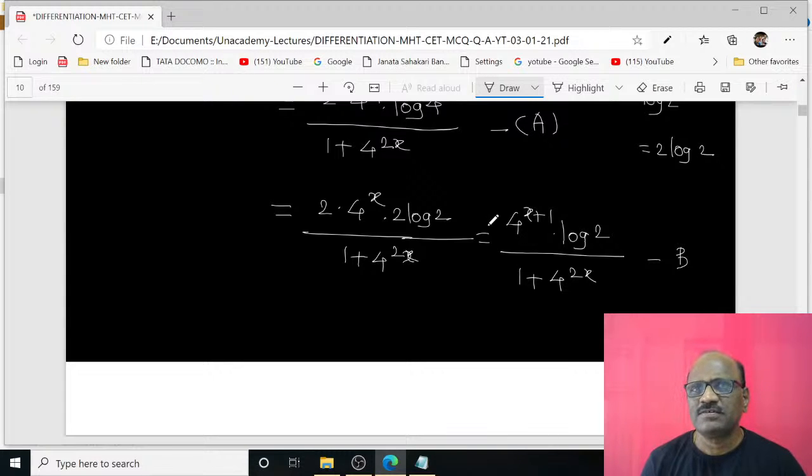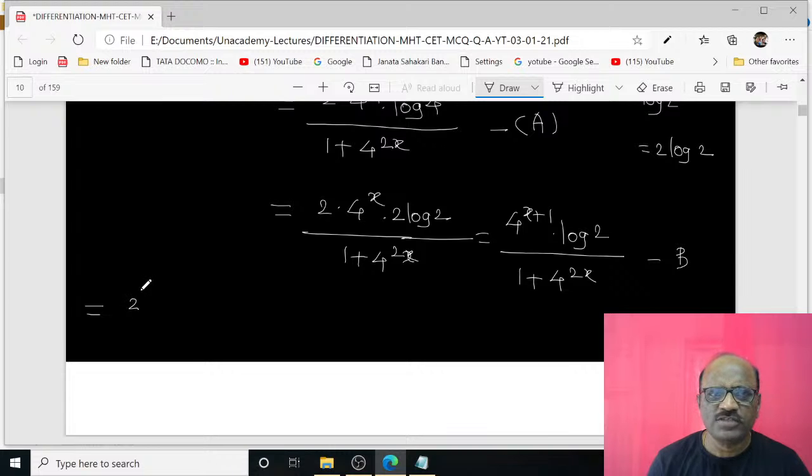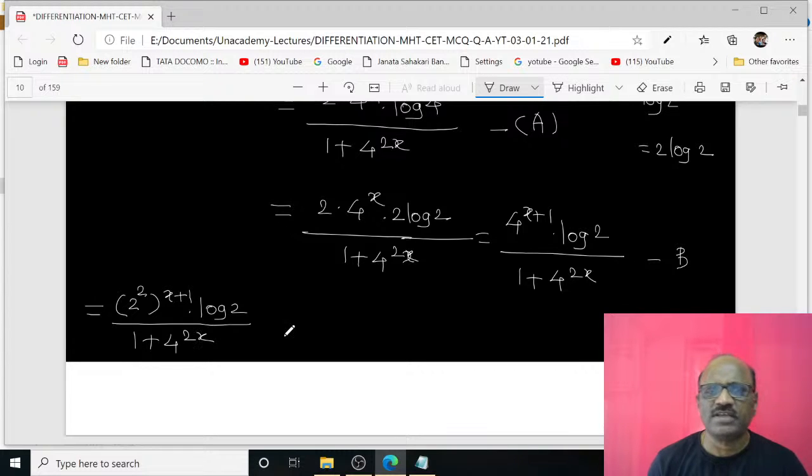Now next, here is 4. This 4 can be written as 2 raised to 2, and this bracket raised to x plus 1 into log of 2 upon 1 plus 4 raised to 2x.